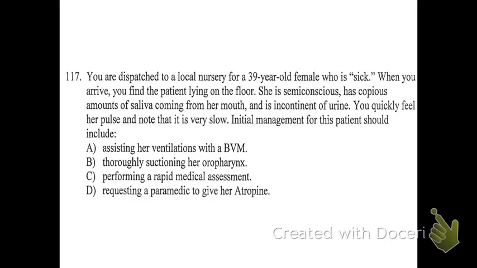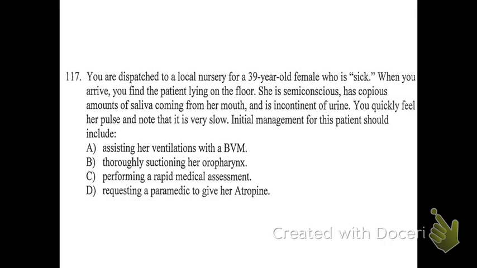The test is not going to require you to think that hard into it, but I want you to recognize it's giving you a really clear seizure presentation. Specifically, she's in the what stage? Starts with a P. Postictal, right. She's already had her seizure. Whenever they use these quotation marks of like "sick," it's a real good indicator that it's probably something that you know. It just kind of is in general saying somebody's acting weird.